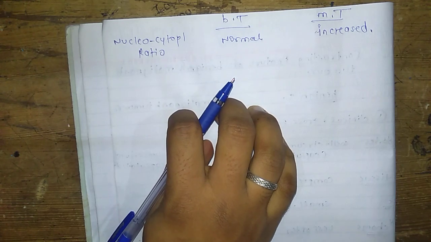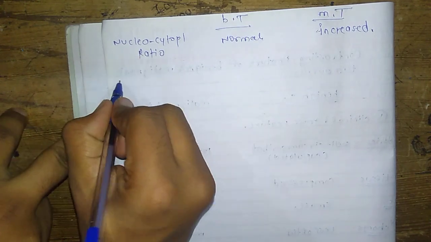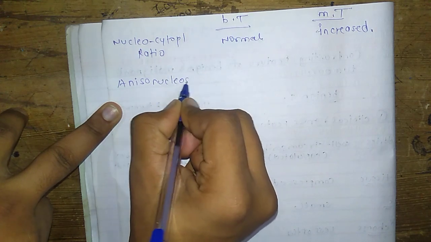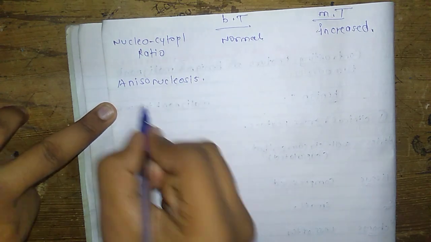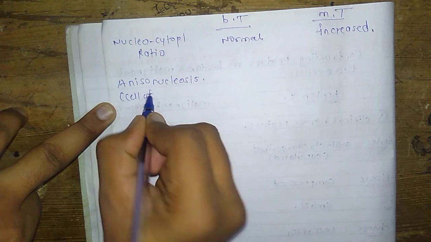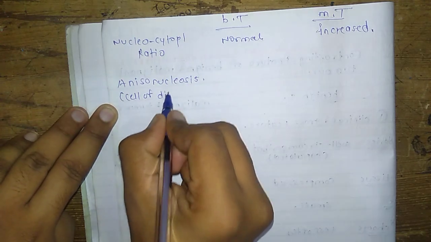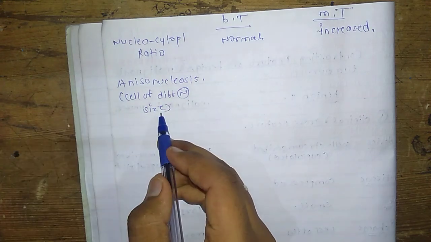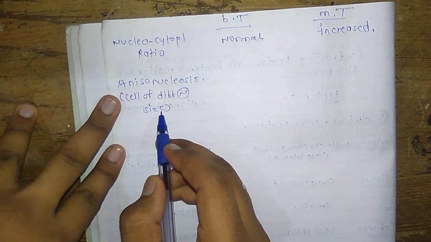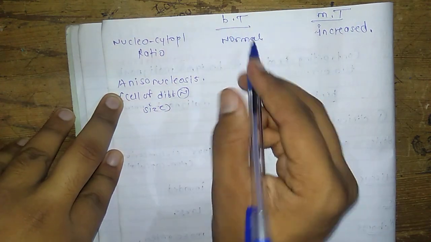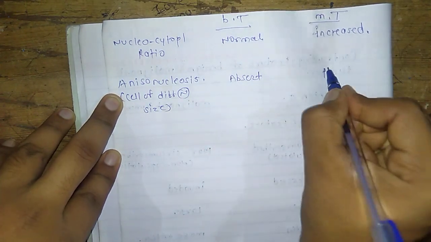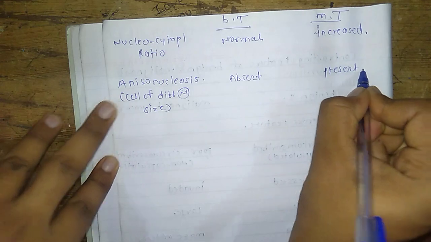Then we go towards anisonucleosis, means the cells having different nucleus size. In benign tumor it is absent, but in malignant tumor it is present.